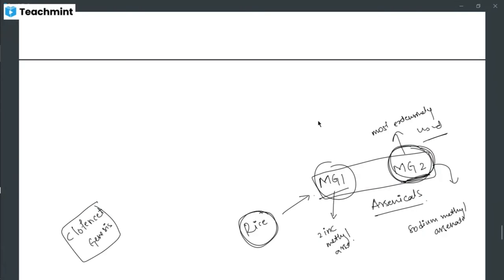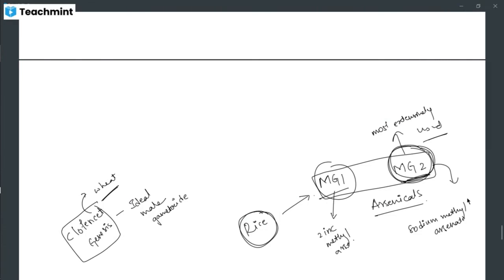This was found to be the most ideal male gametocide, and it is used in wheat. So just remember: MG1 and MG2 in rice, MG2 most extensively used in China, and its common name is sodium methyl arsenate.